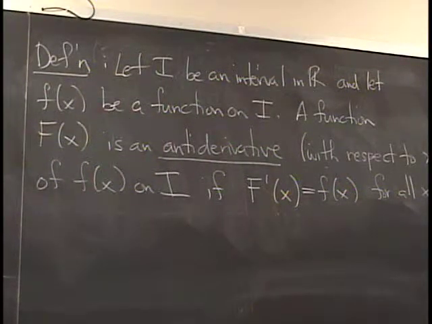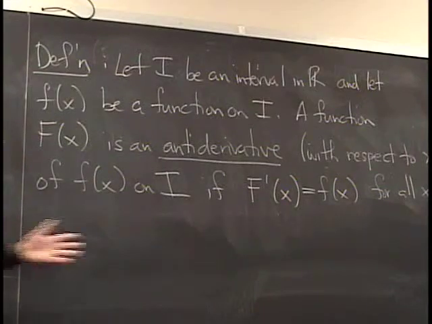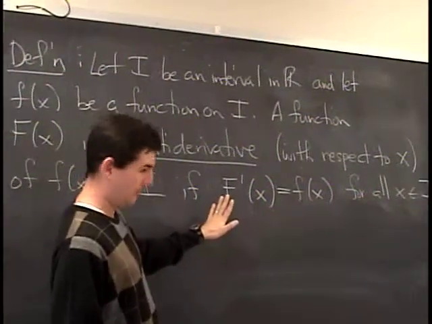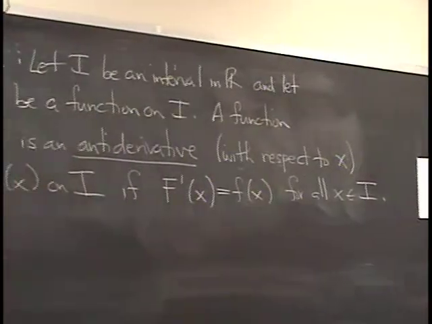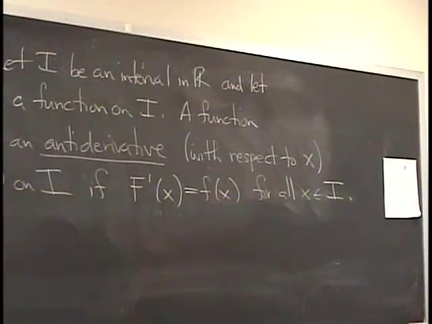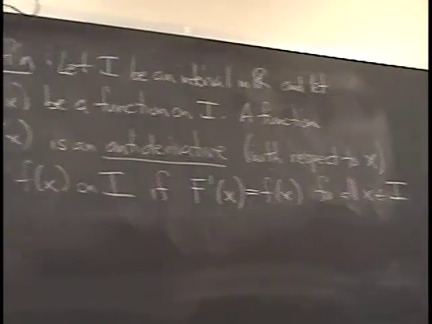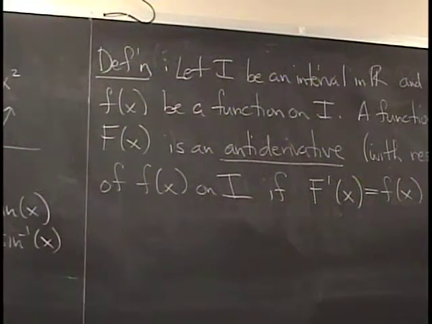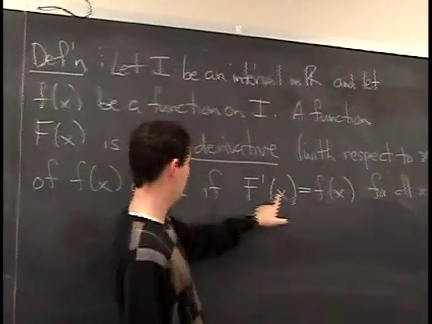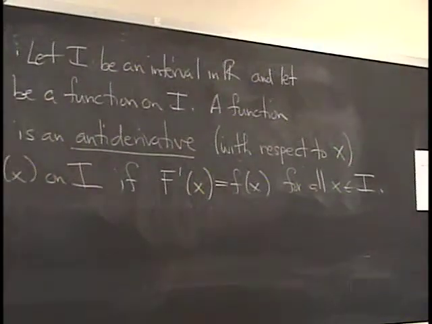Okay? So an antiderivative just says find some function which gives me back my function as its derivative. It's like an inverse. But of course we know there's not going to be just one of these, because as soon as I find one, I can find more. If capital F works, what else works? What is another antiderivative?